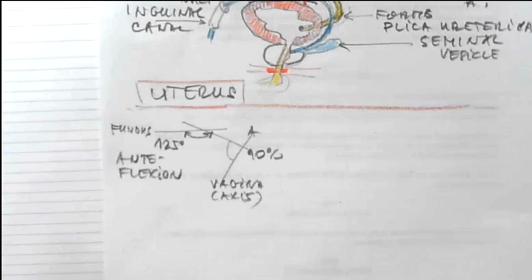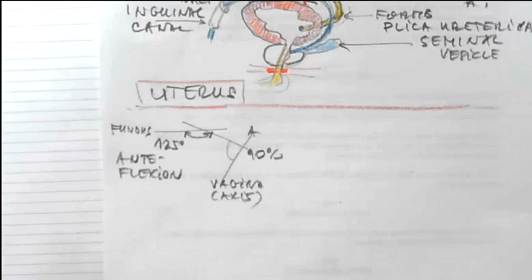So the broad ligament has the posterior layer, drawn here, and here's the anterior layer of that broad ligament, bluish, because this is in fact the peritoneal covering of the uterus.